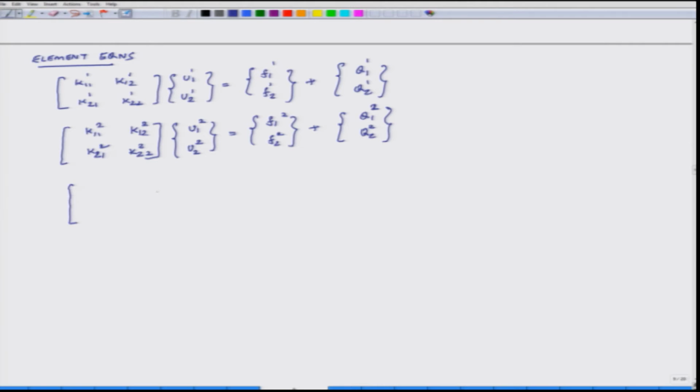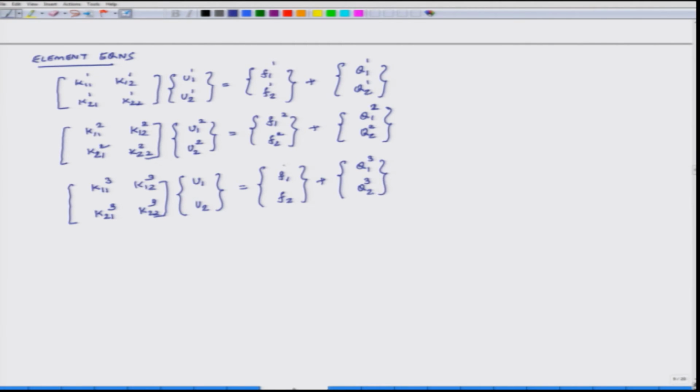And then we have a third set of equations for the third element.